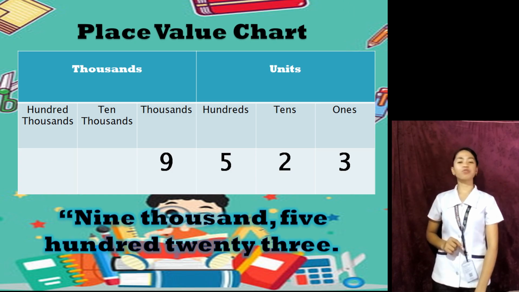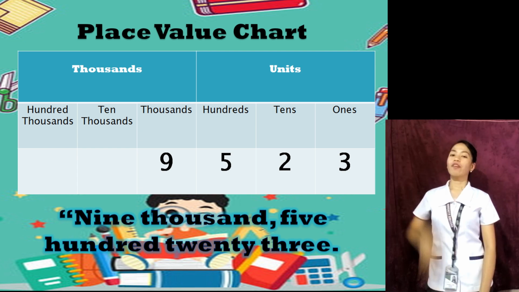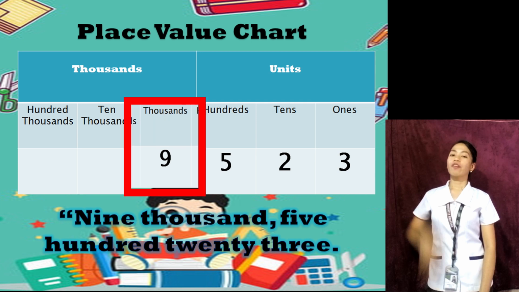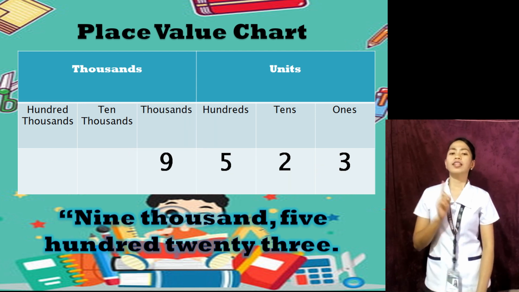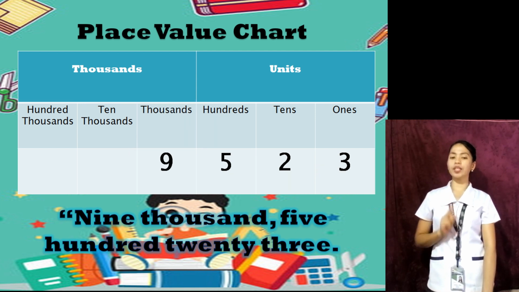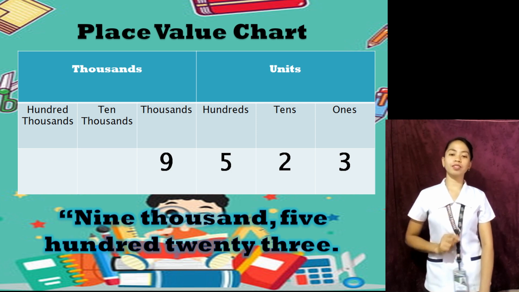Look at the place value chart. This number is read as 9,523. Since the digit 9 belongs to the thousands period, we always need to mention the period where the digits belong.